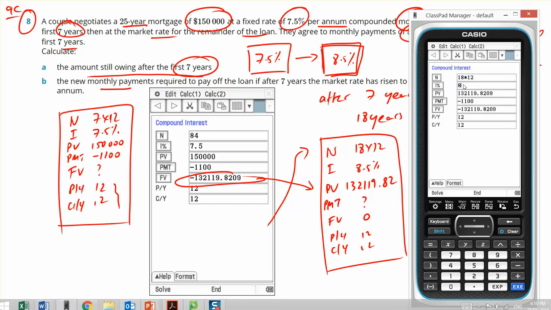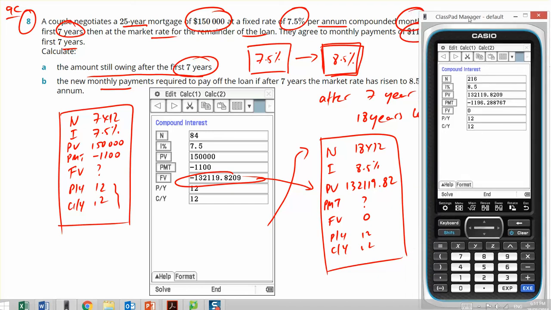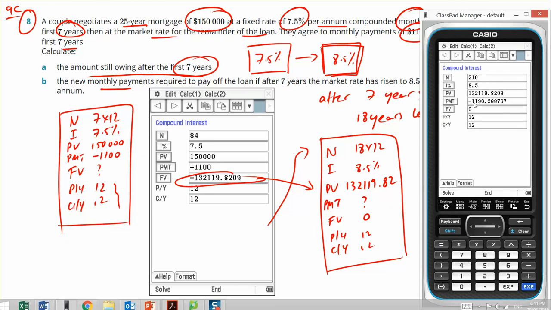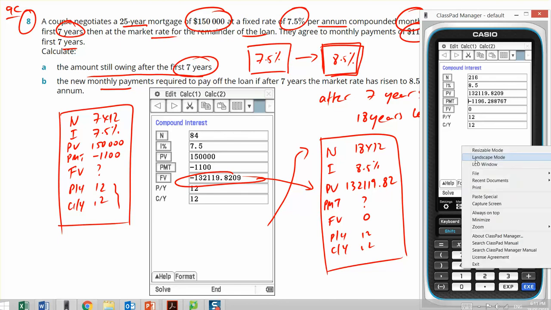My interest rate's 8.5%. My present value is done. My payment we don't know, so we're going to delete it. My final value will be 0, 12, 12, and all I'm doing is solving for the payment. So the amount I pay is 1,196.29.